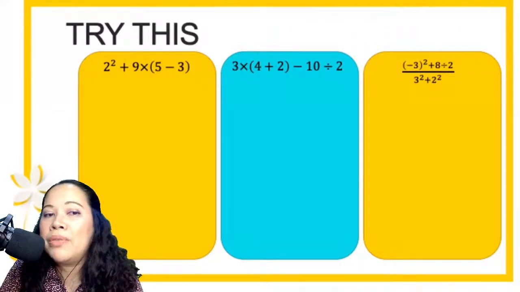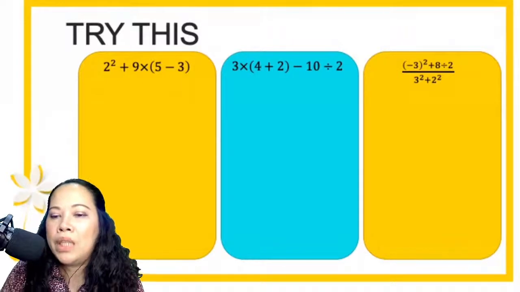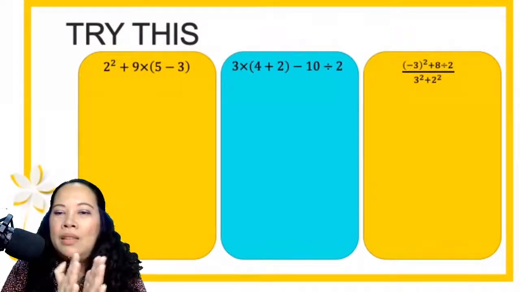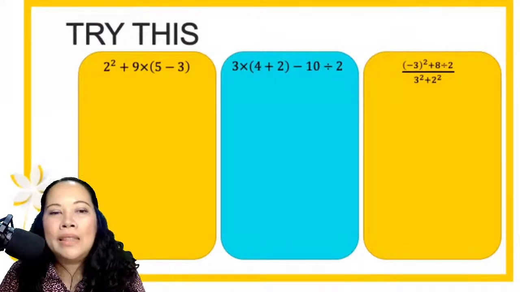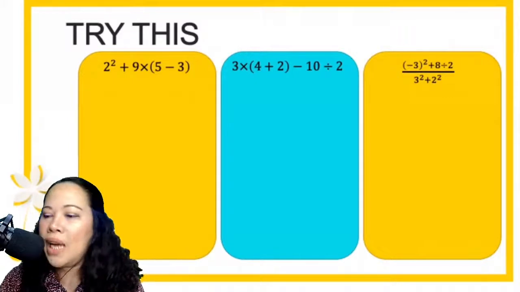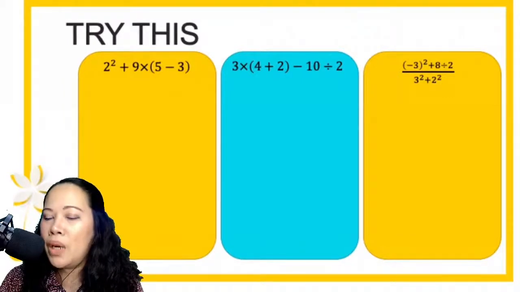By the way, if it's a fraction form, whatever is the operation on top and below will be done separately. All right, let's answer the following. Let me know what's your answer for the first question, the second question, and the last question.